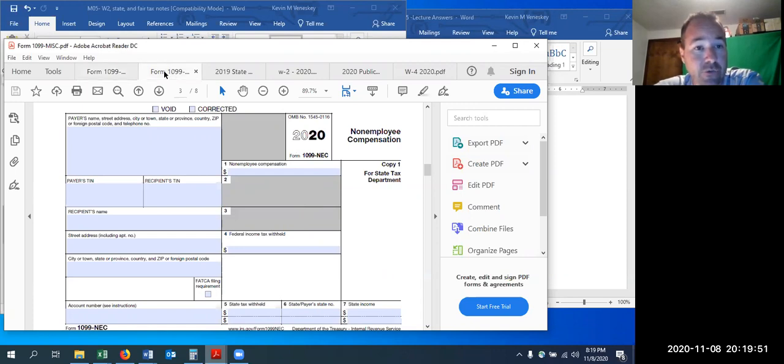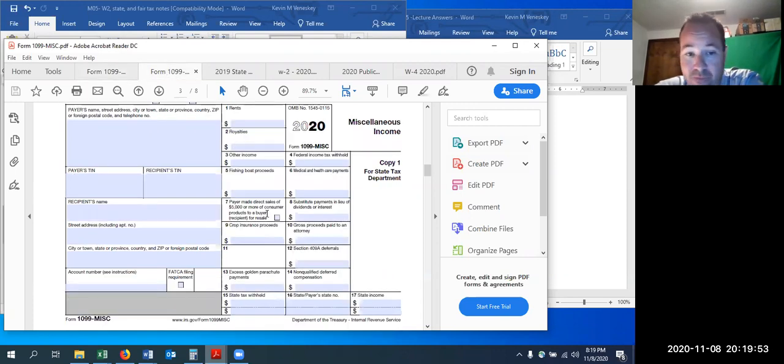Now compare that to the 1099 miscellaneous. If you look at a 2019 and before miscellaneous form, box 7 is the one that's going to be different. Box 7 used to say non-employee income. So now it's different. The main parts on this one are going to be if you have any type of other income.